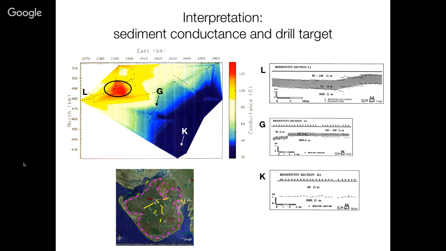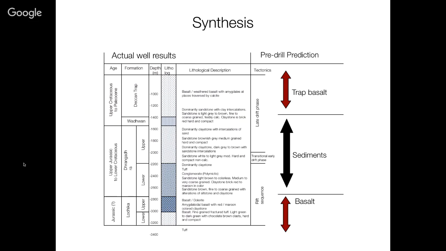They decided to go ahead and drill a well there, and from the time domain EM they predicted this as the thickness of the sediments, and then basalts underneath. When they subsequently drilled the well, it came out quite nicely in finding the transition between the sediments and the basalt.